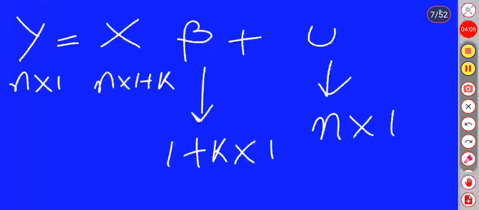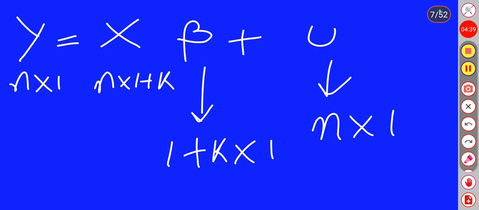And here we can write it as y is equal to x beta plus u. Y has n rows and one column, and the x matrix order is n into 1 plus k, n number of rows and 1 plus k number of columns.